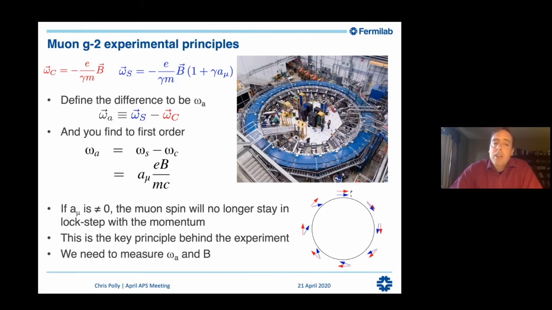That means if the anomalous magnetic moment is not 0, then the muon spin no longer stays in lockstep with the momentum, and it starts to precess relative to the momentum vector. And that's really the key principle behind the experiment. So in order to complete the experiment, we have to measure two quantities at high precision: this omega_a precession frequency, the difference between the Larmor and the cyclotron precession frequencies, and the magnetic field that the muons are in.